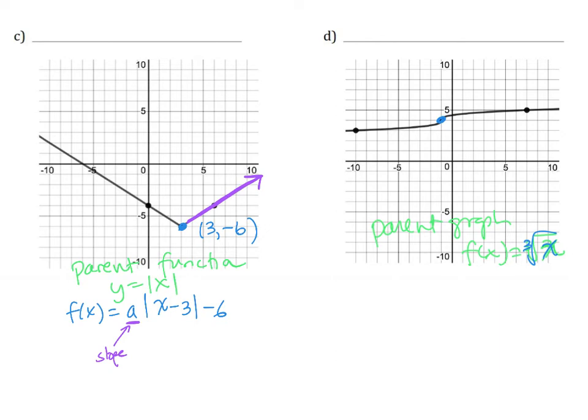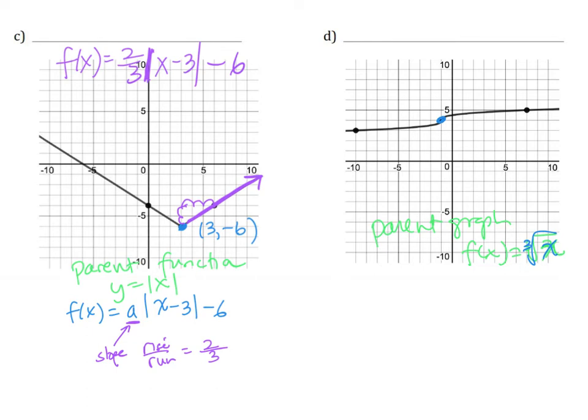So from the vertex, I would go rise over run. I went up 2 units, that's positive. Right 3 units, that's positive. So my a value is just simply 2/3. So my function is 2/3 times the absolute value of (x minus 3), and then minus 6.